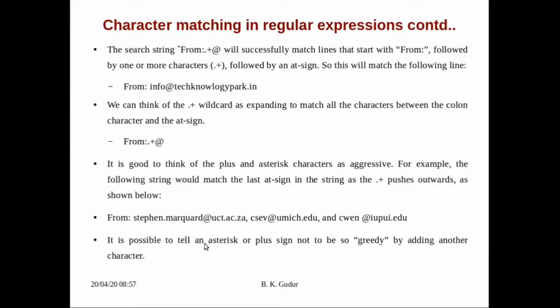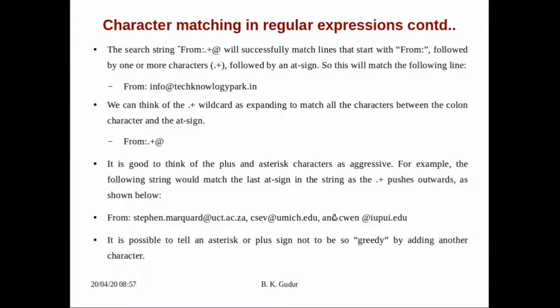So it is possible to tell an asterisk or plus sign not to be so greedy, meaning not to consider all these ats. It should stop at the first at only. By adding another character, how it can be done, we'll see. If I want to extract only the beginning, like an email address, let us consider I want to extract an email address from this particular line.